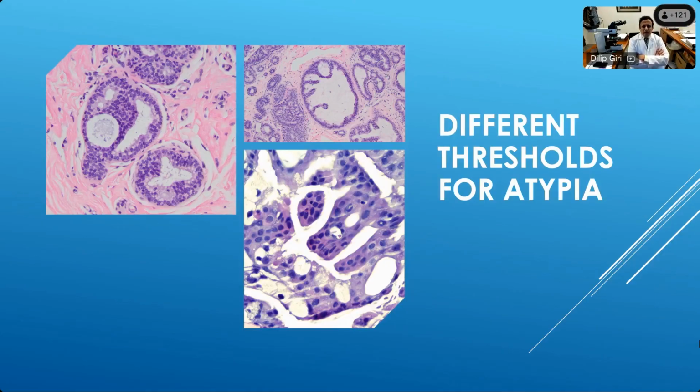It's not a very nice way of resolving this, but ultimately you have to go by what everybody else thinks, right? So you show it around, you show it to more experienced people, and hopefully their threshold for atypia is more accurate than ours. So I think this is an important problem, which leads to different diagnoses on the same slide.